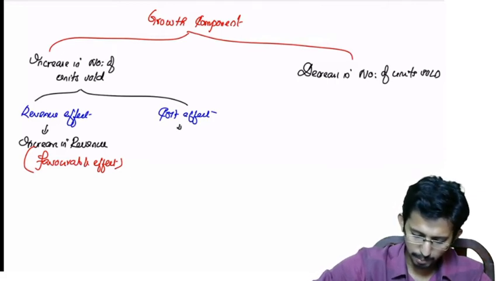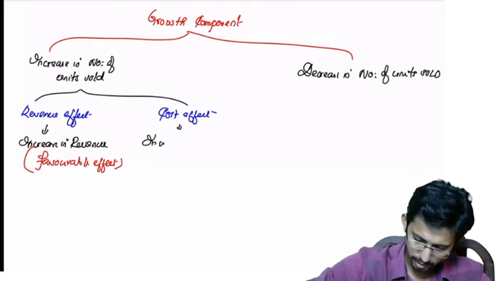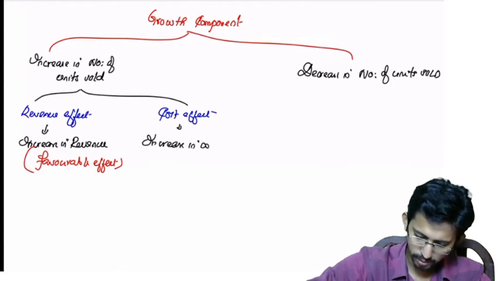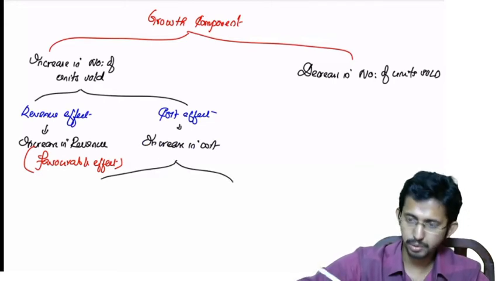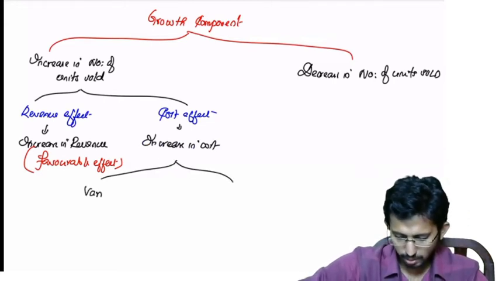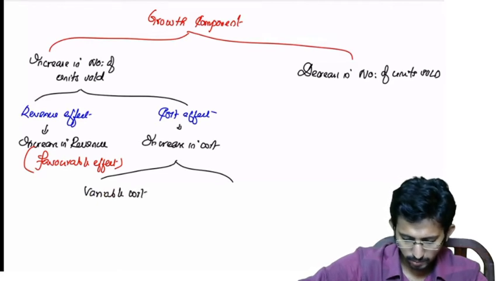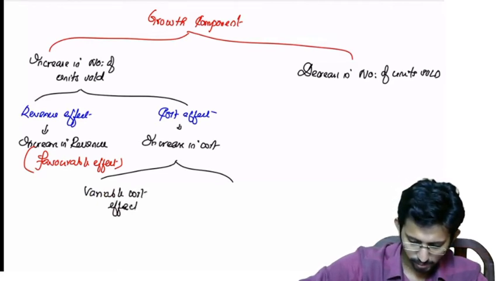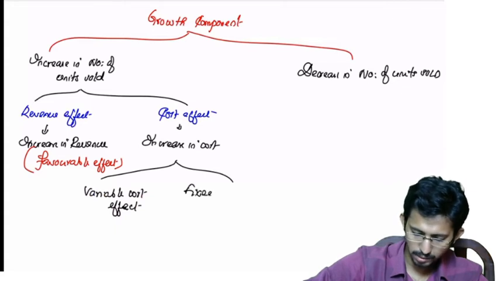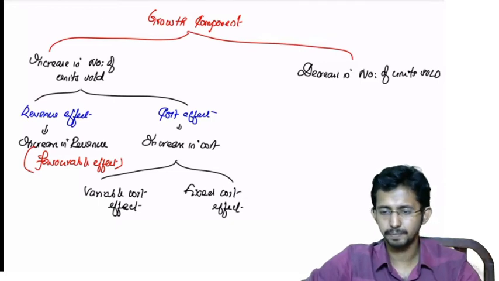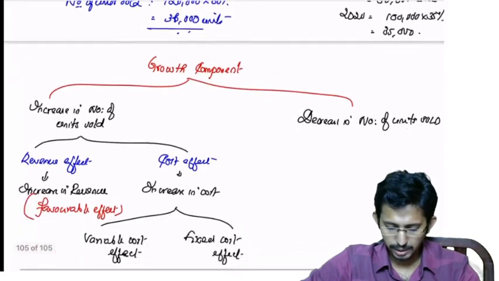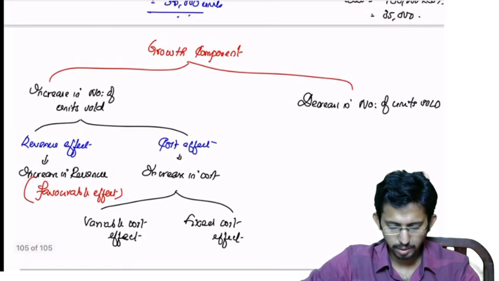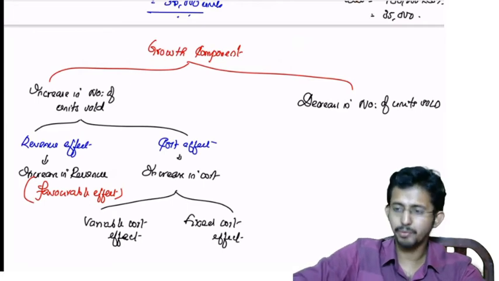What will happen when there is an increase in the number of goods? Increase in cost. Here again there are two types of cost: variable cost effect or fixed cost effect. That is with respect to the growth component when there is an increase in number of units sold.